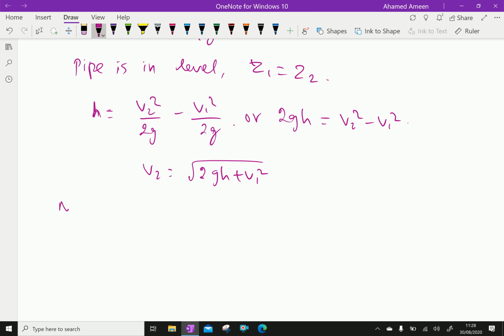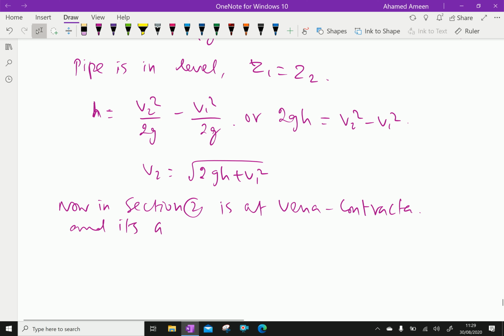Now section 2 is at the vena contracta, and A2 represents the area of the vena contracta. And the orifice area is A0.